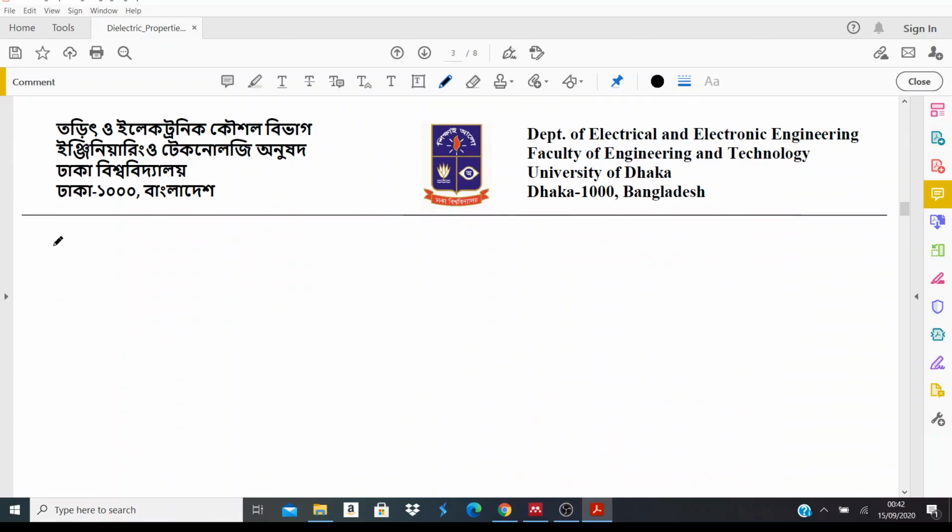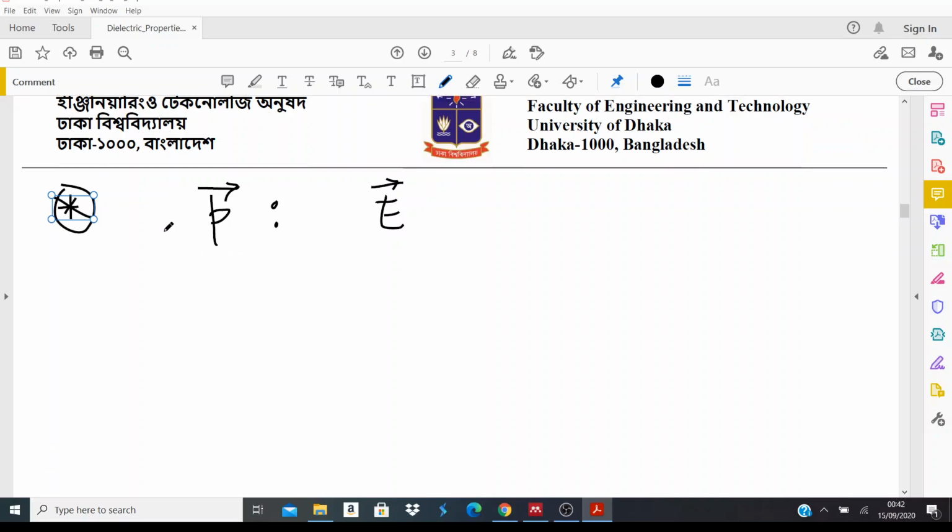Okay, now let's ask another question. Let's say you have some electric dipole moment denoted by P. So we have some dipole and you place the dipole inside some electric field, let's say E. So the question is, when you put this dipole moment inside an electric field, what is the energy of the dipole moment, right?